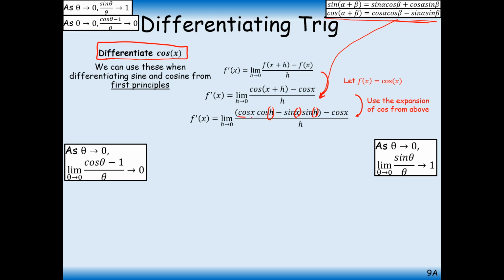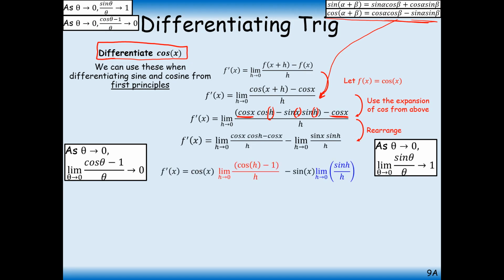So then we can see that this term here, cos x, has something in common with that negative cos x. We can rearrange this, bring them together on the next line so that we can factorize that expression. After factorizing this cos x, I brought this limit inside and put it in front of this fraction.